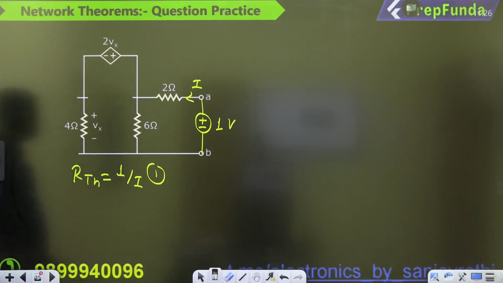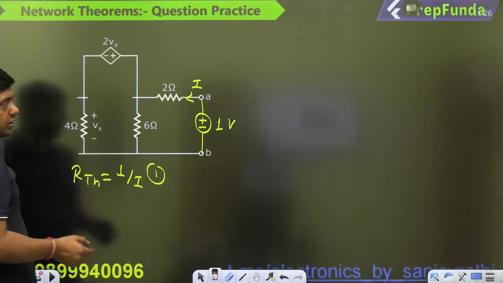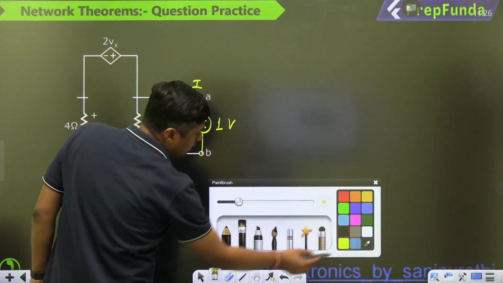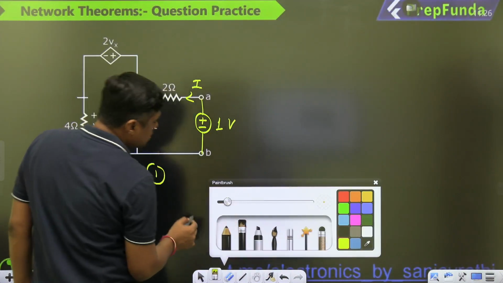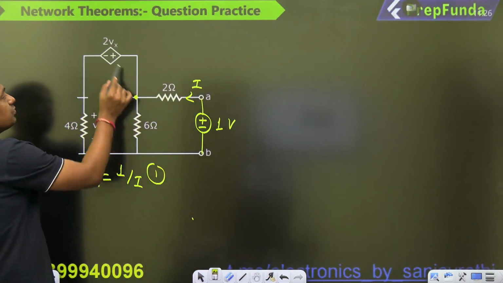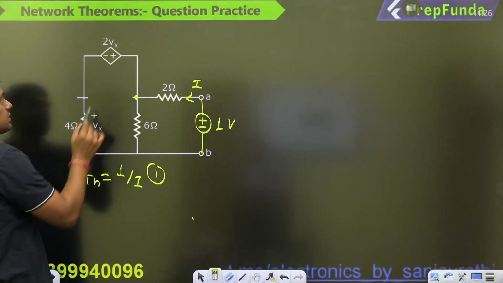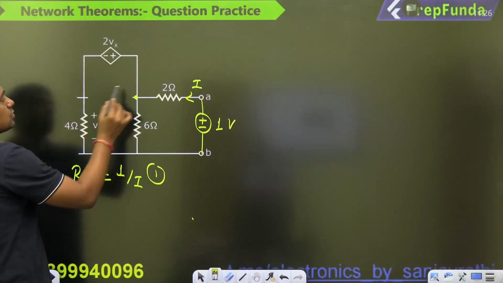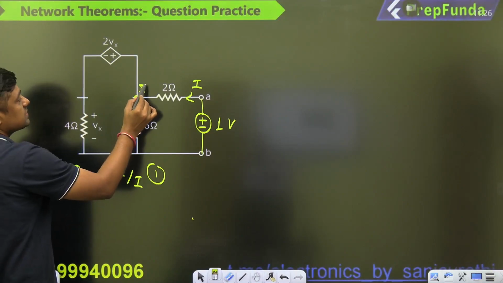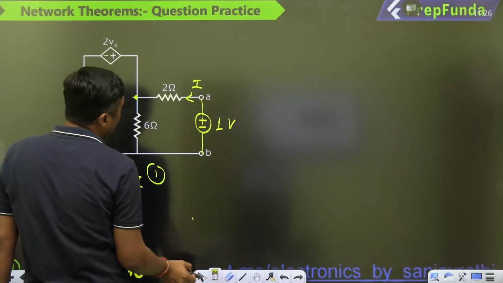Now what is the procedure so that you can find the 1 by I? Watch the diagram carefully, guys. Always watch the diagram carefully. This voltage is Vx, this voltage is also Vx, so 2Vx plus Vx, what is the voltage at this point? 3Vx. You have to write like this.